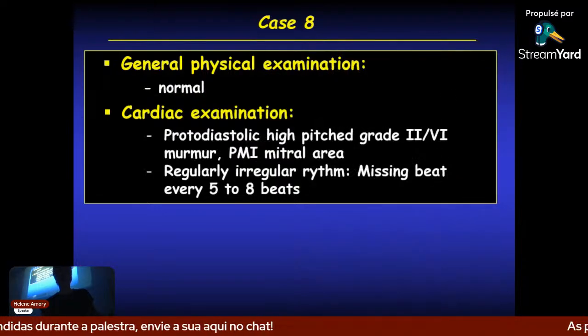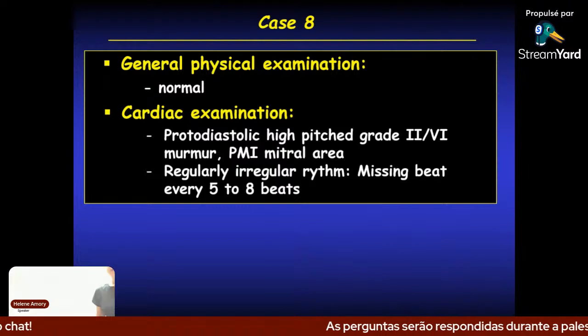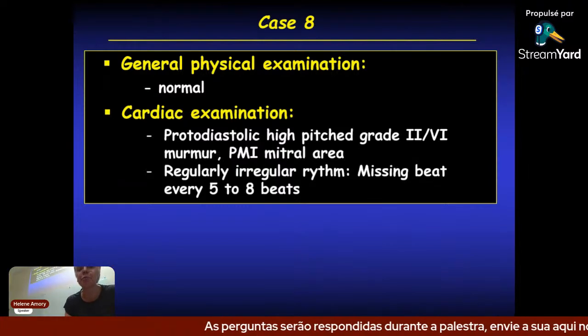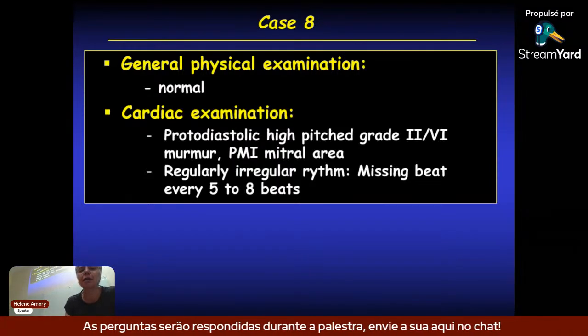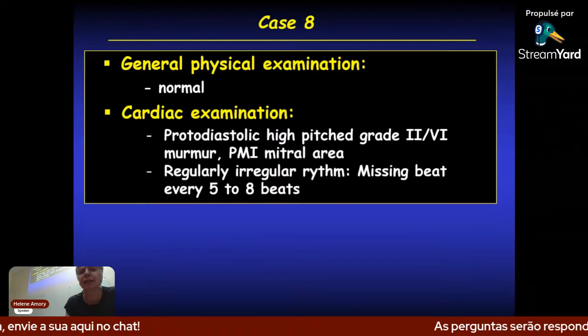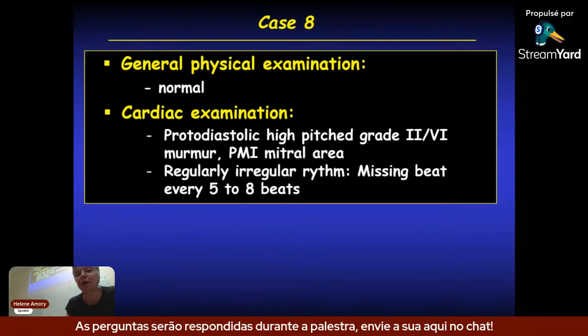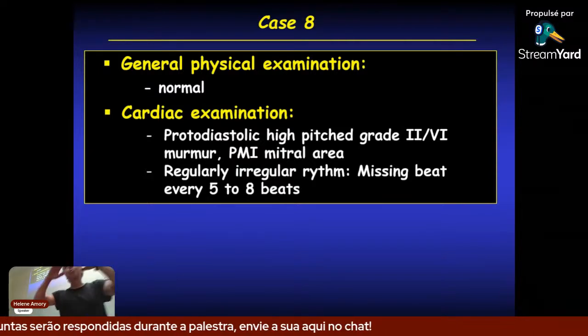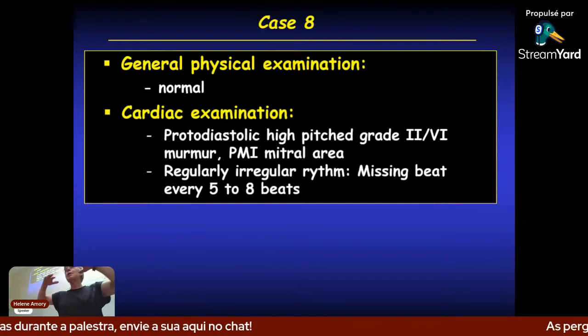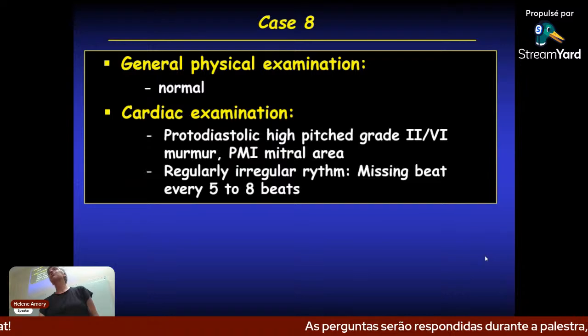The physical examination is normal, and I don't have the recording, but it's a proto-diastolic murmur with very high pitches, like pum pa pew, something like that. The grade is 2 out of 6, and the point of maximal intensity is in the mitral area. Oh, and she also has a regularly irregular rhythm. The base rhythm is normal, but sometimes there are missing beats every 5 to 8 beats.